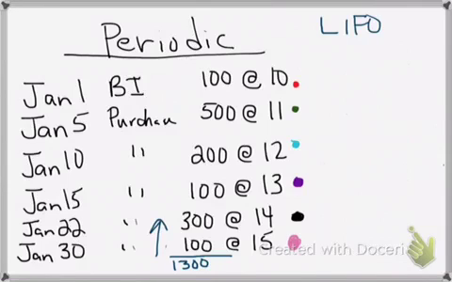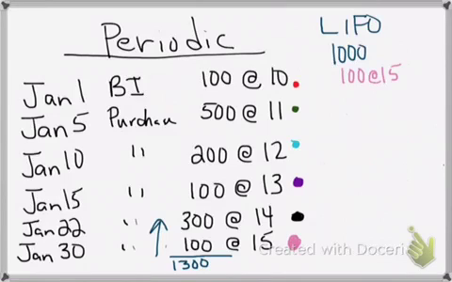So if we were selling those 1,000 units, what we would have to do is start and then move from the bottom and move up. So the first units that we would be looking at would be these ones that have the pink beside them with the 100 at 15.